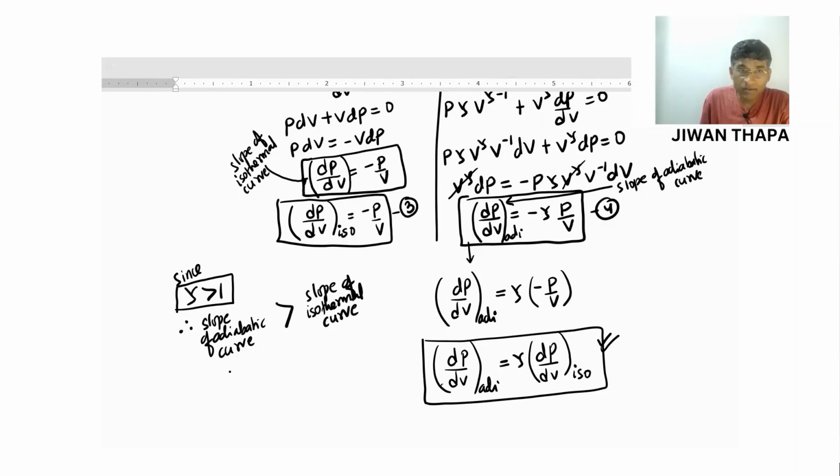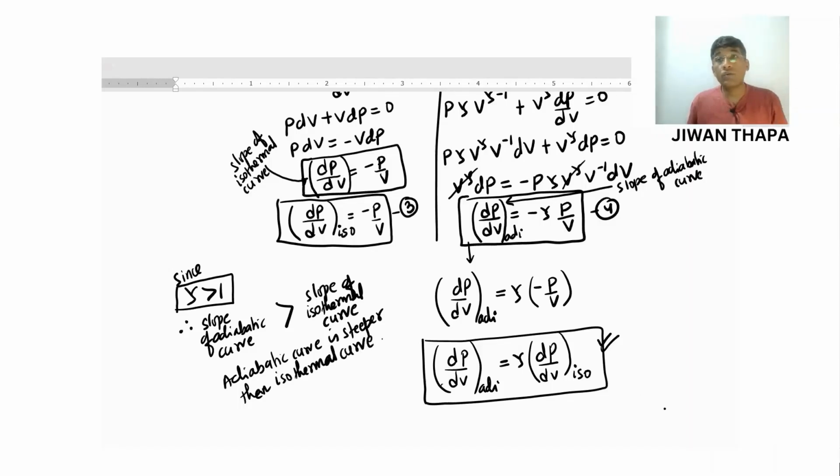So it means that adiabatic curve is steeper than isothermal curve. So we need to understand this.